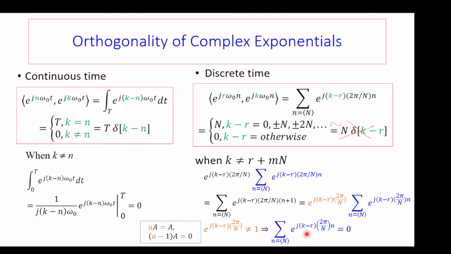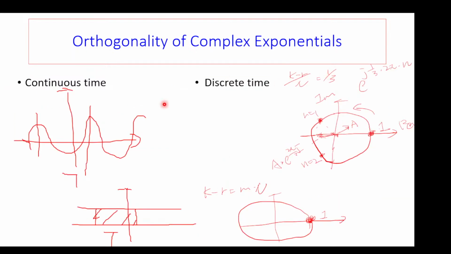Okay, and we also have a schematic. This is a bit easier for seeing why the signal is orthogonal. So here in the integration part, we see that when k minus n is not 0, then you are integrating over an oscillating function, a sinusoidal or a complex exponential function. Integrating this function over one period, it's just 0.